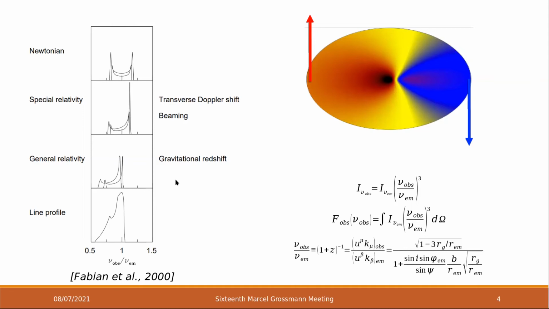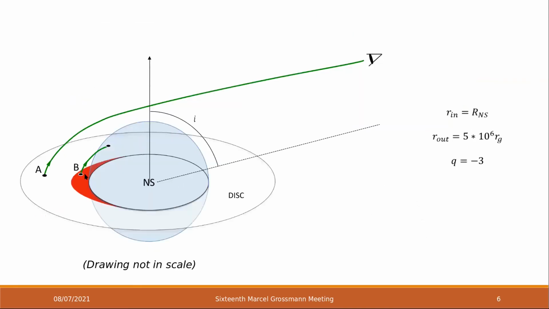And that is the fact that simply through geometry, while most of the points on the disk will be observed by any observer at infinity, also thanks to some gravitational light bending, there will be some trajectories right behind the neutron star, with respect to the observer, of course, that will be intercepted by the neutron star itself.